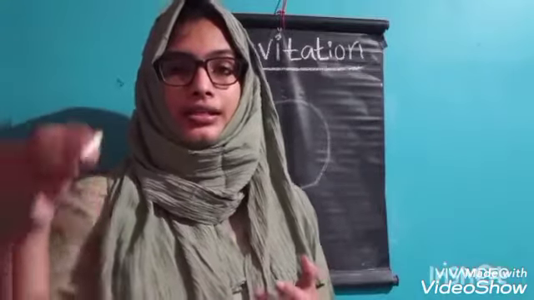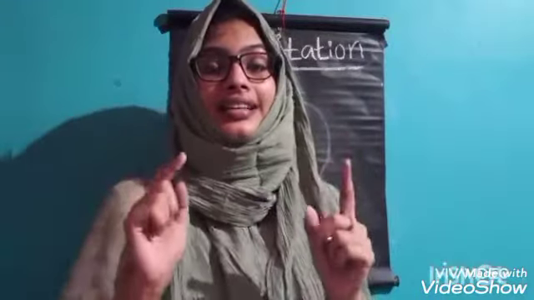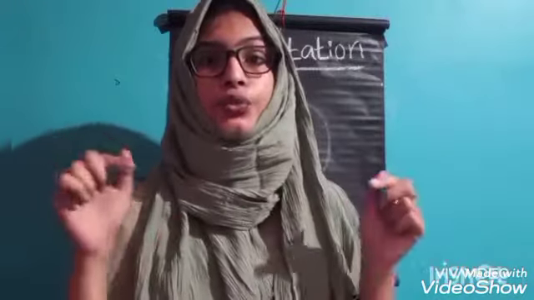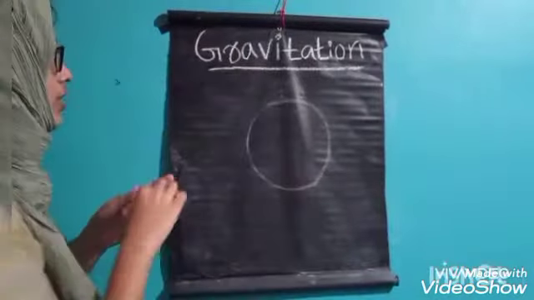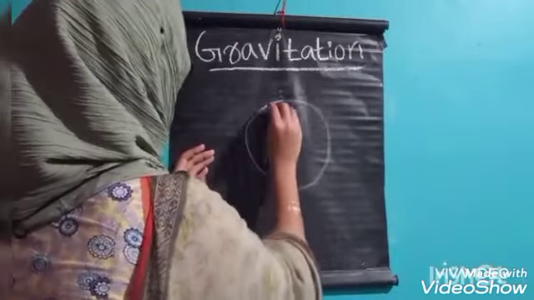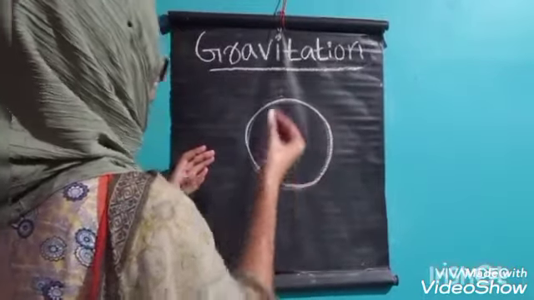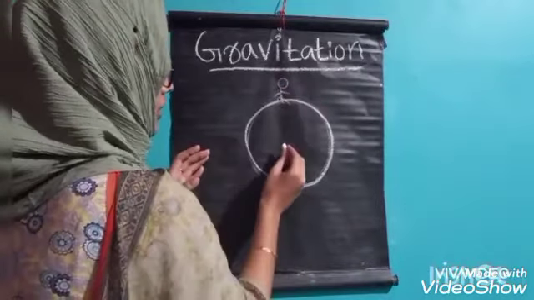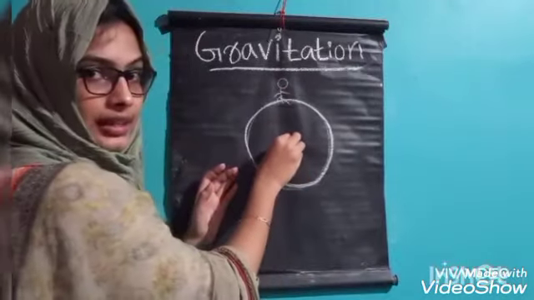You know, this is a chalk. When I drop this chalk, it falls downward. Why? Because the earth attracts every object on the earth towards its center. Suppose this is our earth. This is the center of the earth, isn't it?